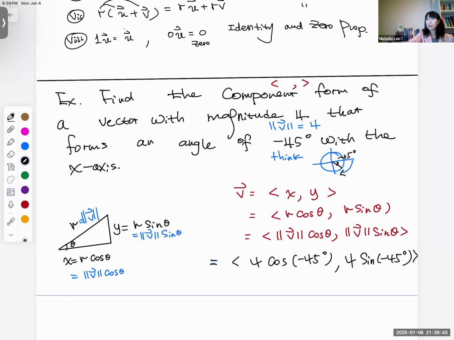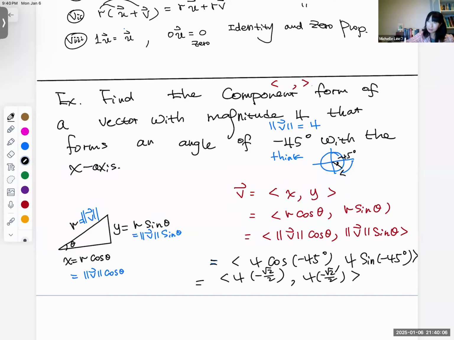Okay, so that will be 4 times, it is in quadrant 4, so it's negative square root of 2 over 2, and 4 times negative square root of 2 over 2.